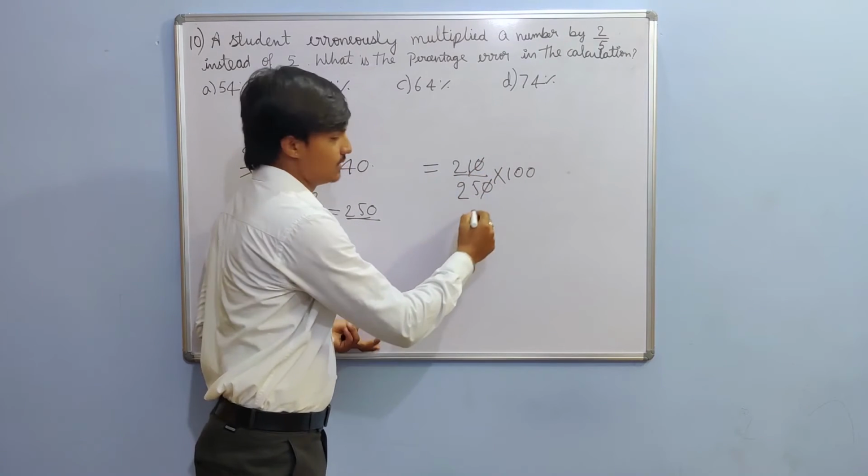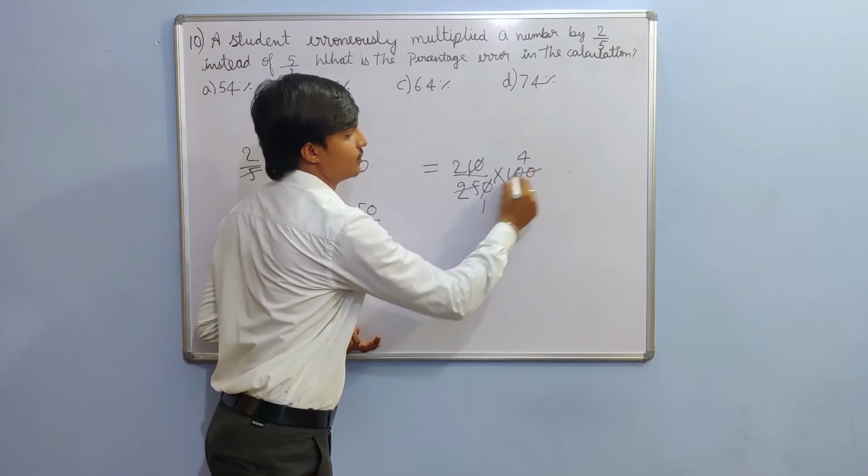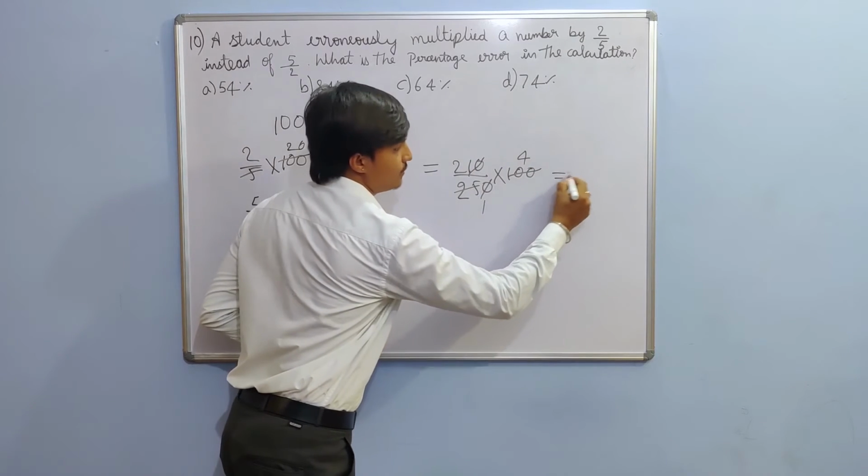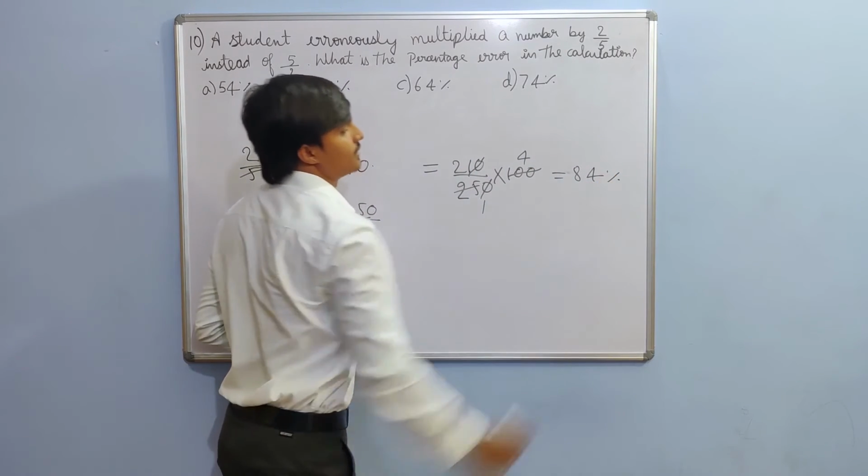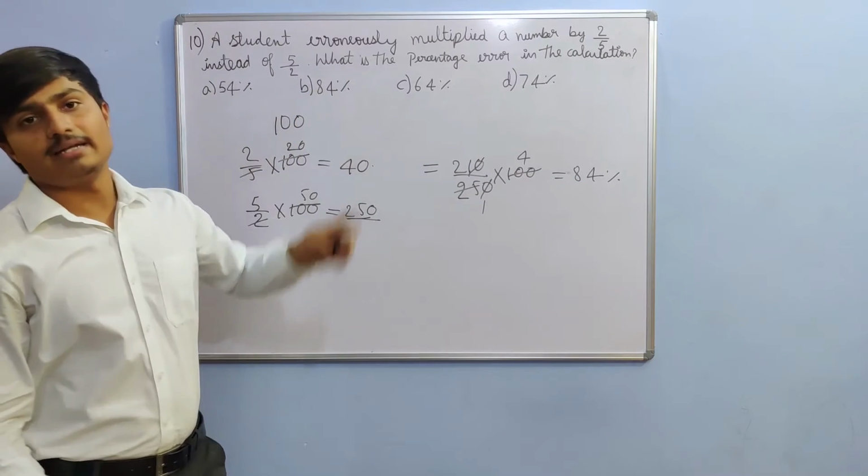This cancels, 25 ones are 25, 25 fours are 100, 21 into 4, which is equal to 84%. So option B is the right answer.